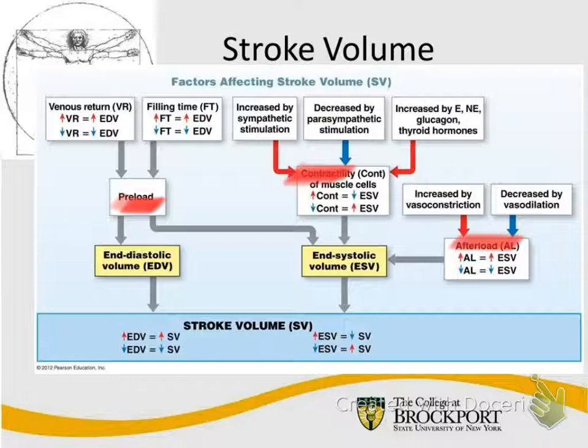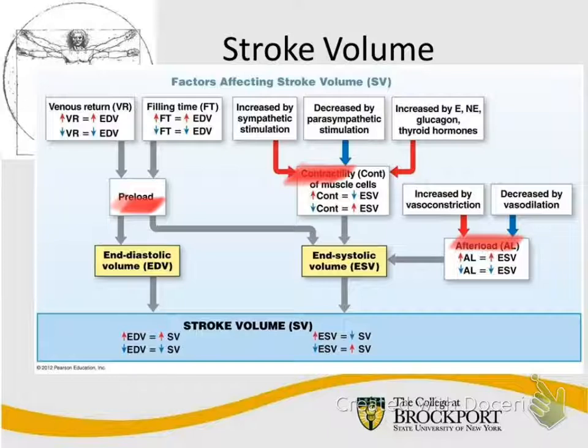So preload is really proportional to venous return, and when we increase venous return, we increase end diastolic volume, and we're going to increase preload. All that means is the heart muscle is stretched more, and when you stretch it more, it contracts harder. So preload is really determined by venous return, and that is reflected by end diastolic volume.